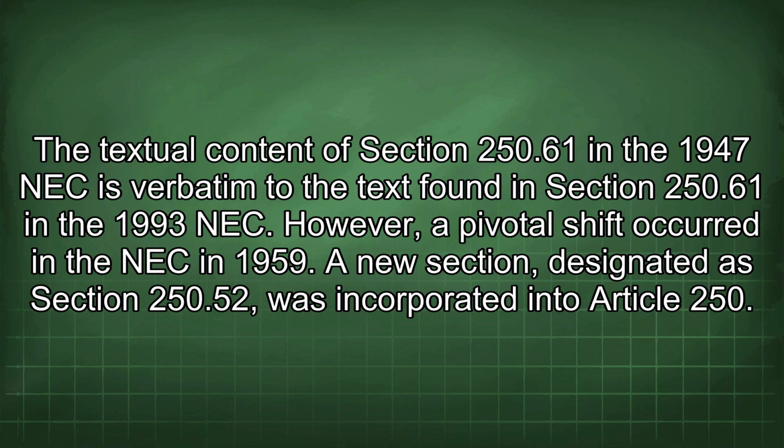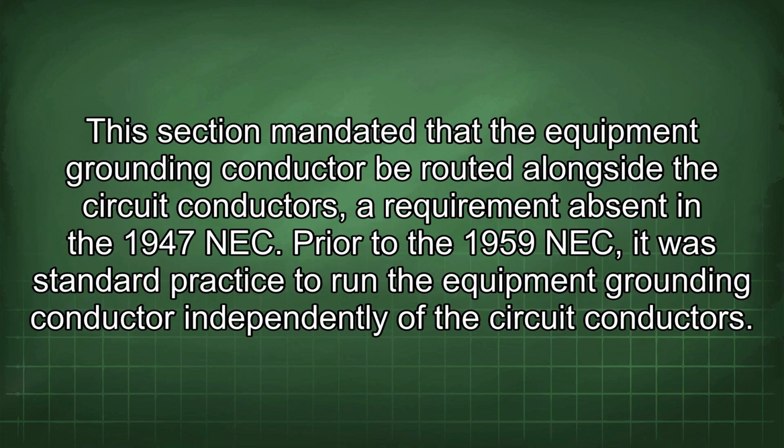A new section, designated as Section 250.52, was incorporated into Article 250. This section mandated that the equipment grounding conductor be routed alongside the circuit conductors, a requirement absent in the 1947 NEC. Prior to the 1959 NEC, it was standard practice to run the equipment grounding conductor independently of the circuit conductors.